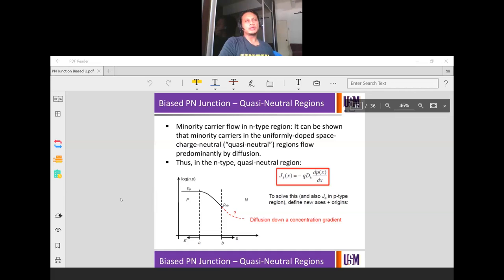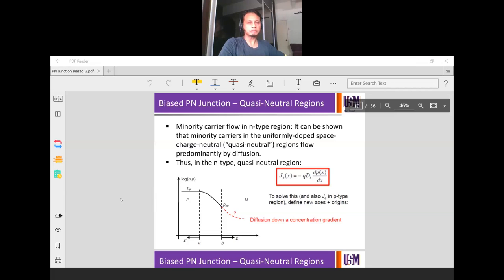Then we applied forward bias. Application of forward bias will lead to a reduced potential barrier due to the opposing electric field by the bias. Therefore, your barrier reduces. Then you're going to start seeing more diffusion of holes into n-type, and also more diffusion of electrons into p-type.